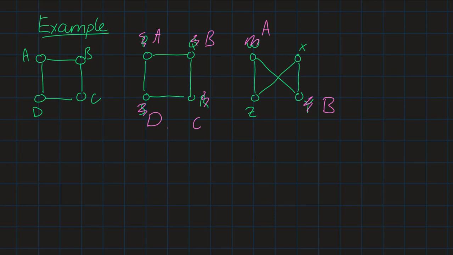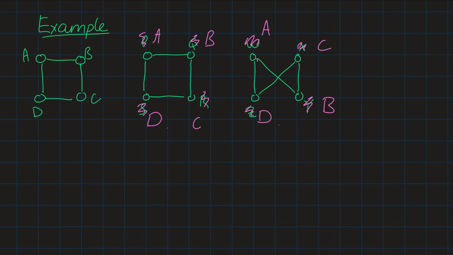What's connected to B? In the original graph, B is connected to A and C. So B is connected to A, which means this thing here has to be C. And finally, this down here has to be a D. Now this relabeling does make the graph equal to the first graph.